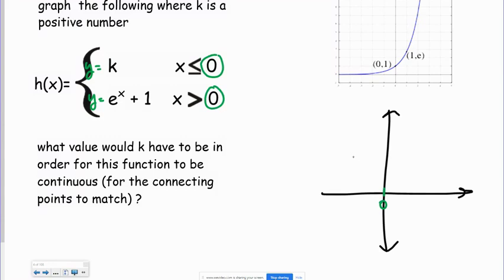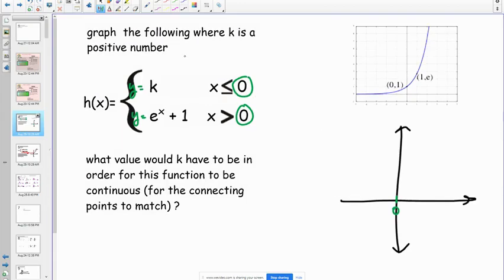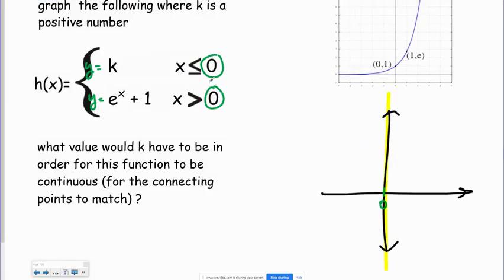What that means is something different is happening on the left side versus the right side of this graph. So let me go ahead and draw a line here at x equals 0. On the left side of this graph, I'm going to use y equals k. Remember, k is some sort of positive number.